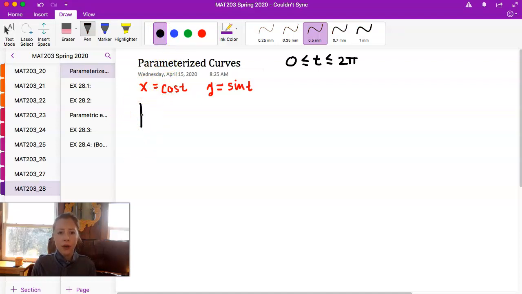We're going to look at x versus time and y versus time.